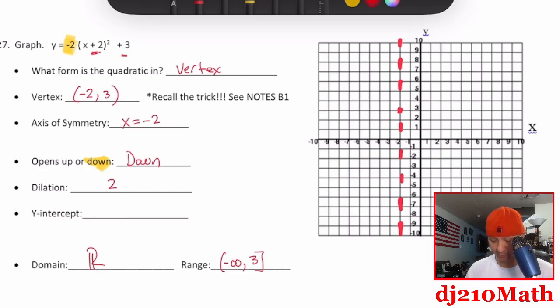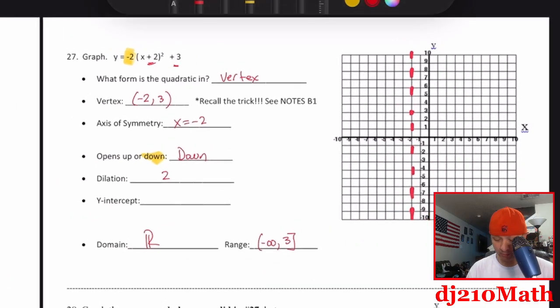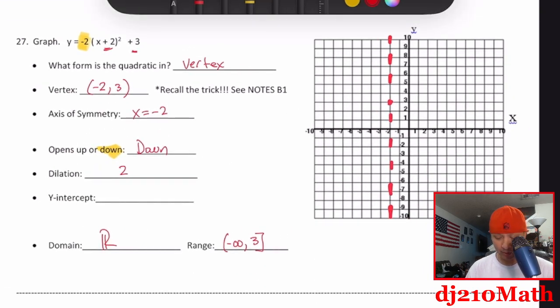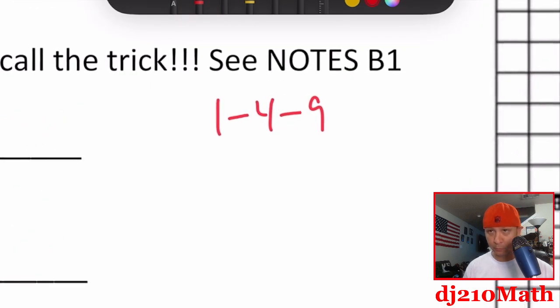Okay, so to be quite honest, do I really need to graph it? Yeah, because I need to find the y-intercept. So now let's recall the trick, because we need the points. The trick, 1, 4, 9, right? Whatever distance I go over corresponds to one of these values.